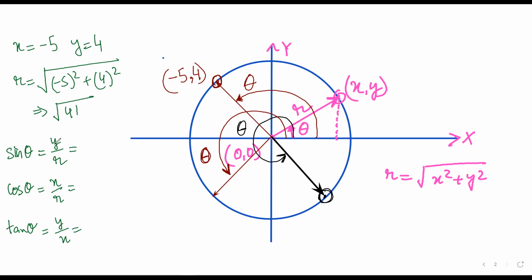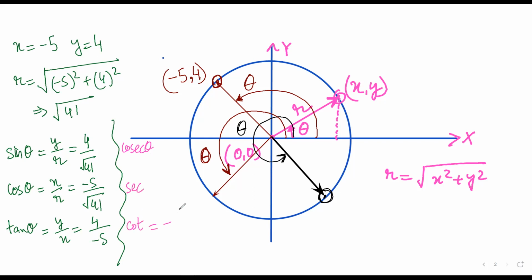So now this y is 4, so sine theta is 4 upon root 41. My cos theta is minus 5 upon root 41. My tan theta is 4 upon minus 5. And similarly, I can write the values of cosecant theta, secant theta, cot theta, minus 5 upon 4.